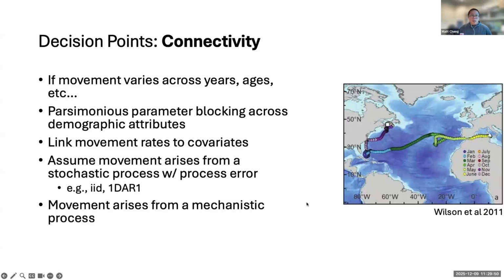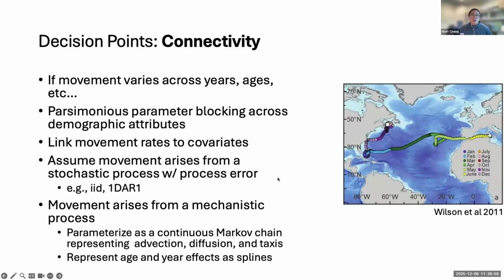And then I think Jim will likely talk about this, and I think Tobias as well, but assuming also movement arises from a mechanistic process where you can parameterize movement to arise as a continuous Markov chain, and then have movement be derived from mechanistic processes like advection, diffusion, and taxis, and potentially represent these time or age varying effects as splines.